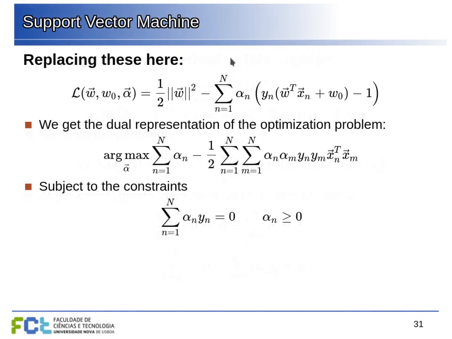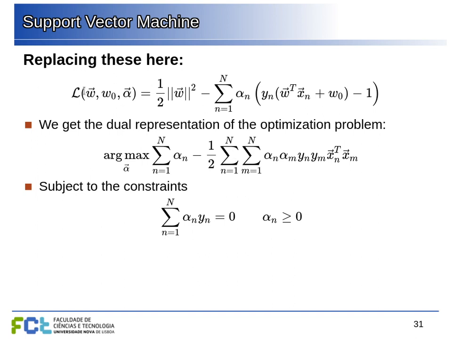But if we do these substitutions here and then look at the dual representation of the problem, and a dual representation is basically another way of representing the problem that gives us the same solutions when we are doing the optimization. So this is a bit of a complex mathematical set of steps here that I'm going to skip because they are not important for our purposes.